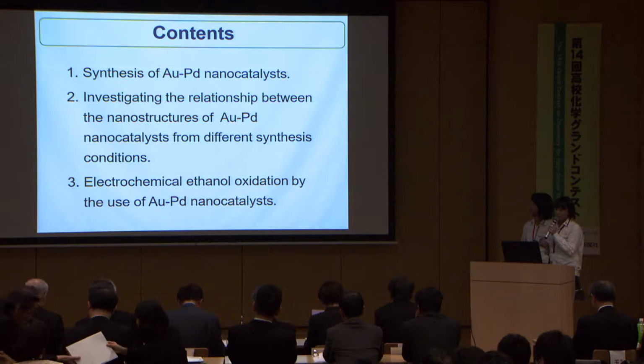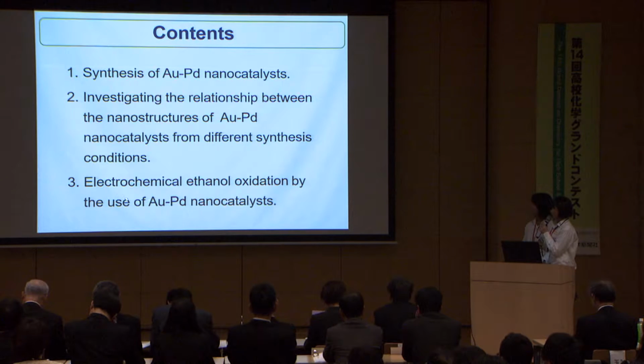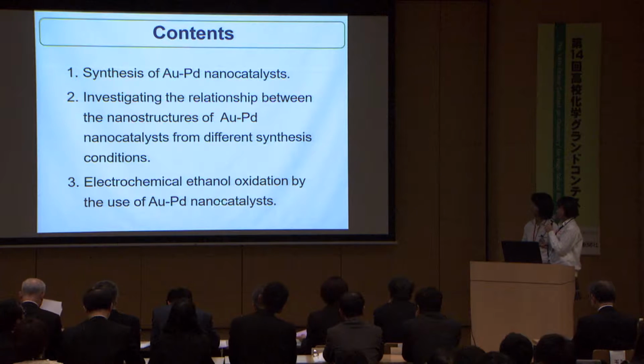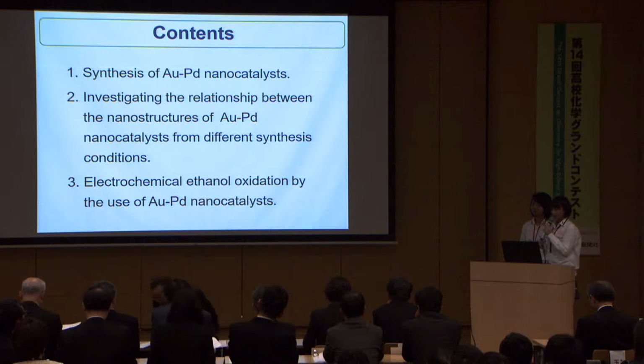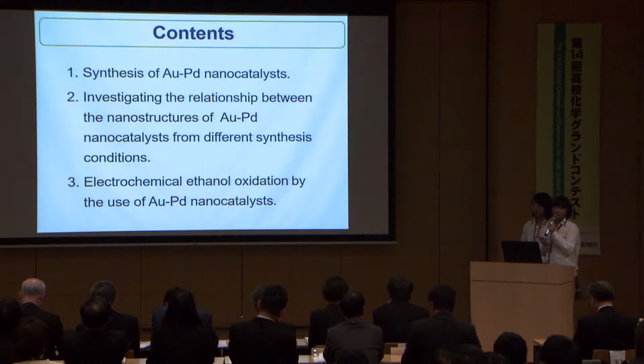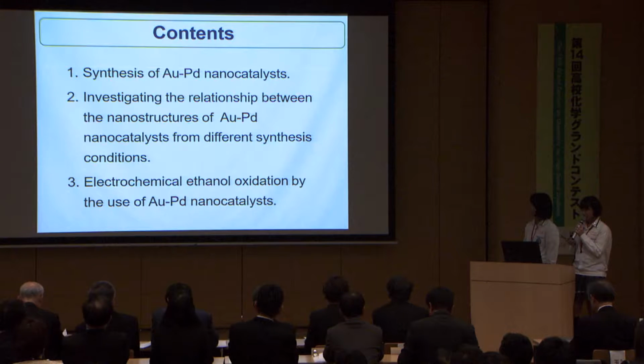Moreover, we tune the ratios of Au and Pd to find out the best composition of catalyst. Third, electrochemical ethanol oxidation by the use of AuPd nanocatalysts, in order to check the activities and durabilities of our catalyst. Today I will introduce the process of synthesis for you, and my friend will explain the data of ethanol oxidation.